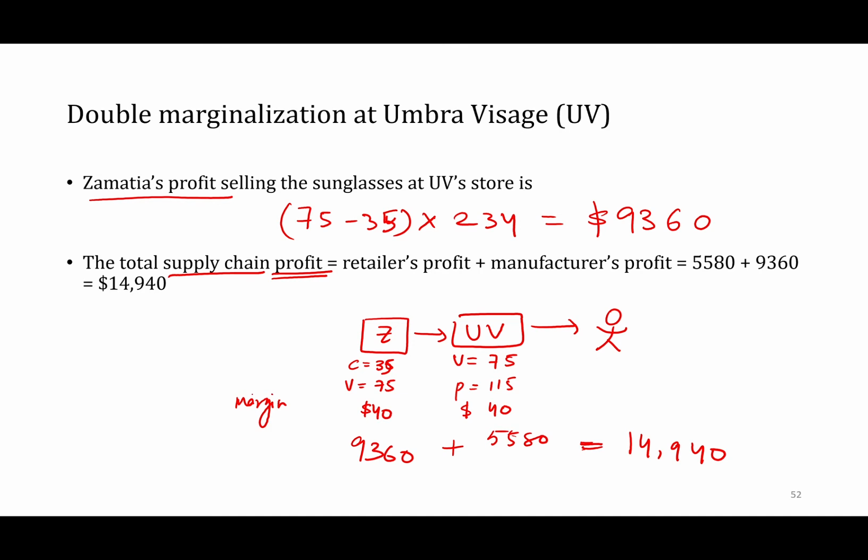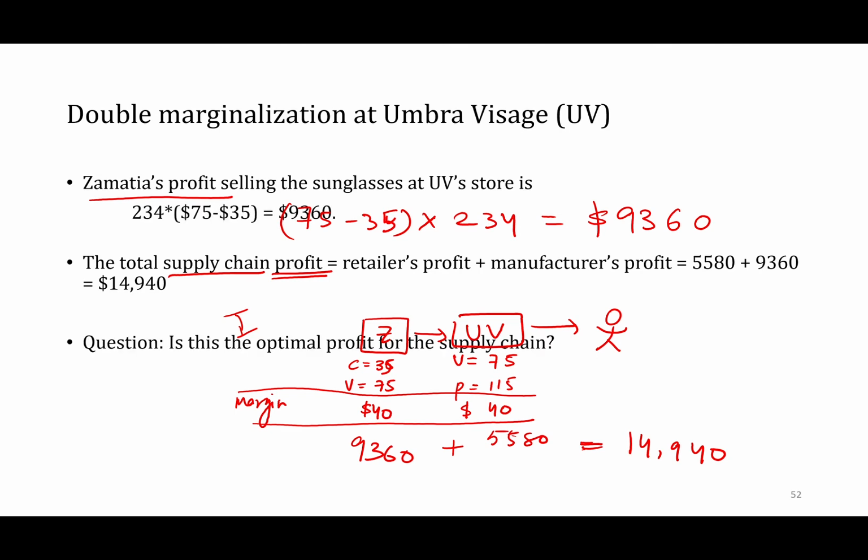So that's essentially what we had in the first case. This is scenario 1. Then what we saw was, is this the optimal profit for the supply chain?